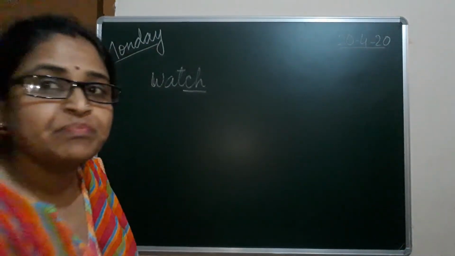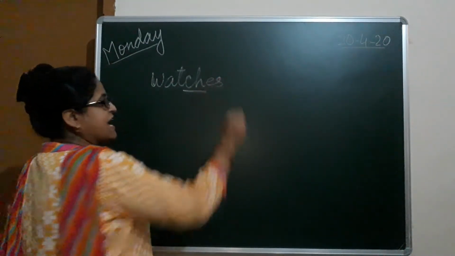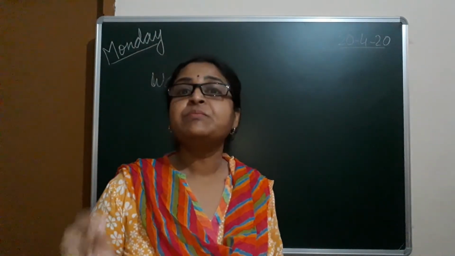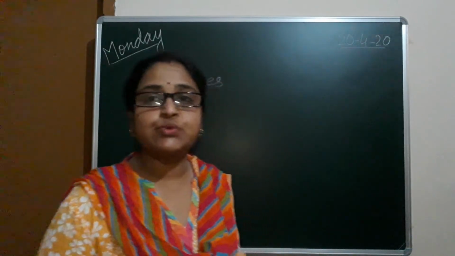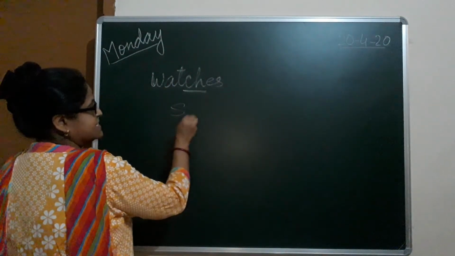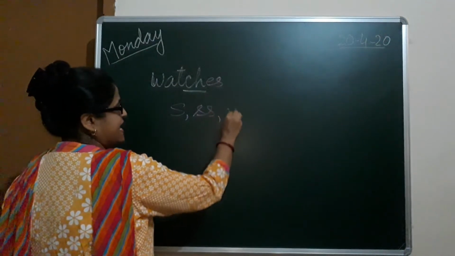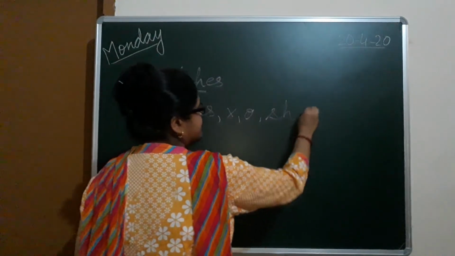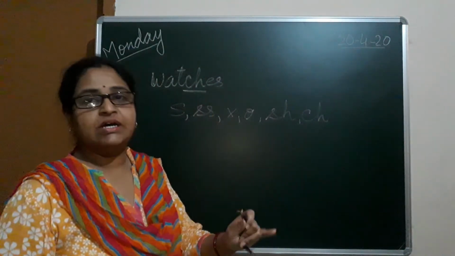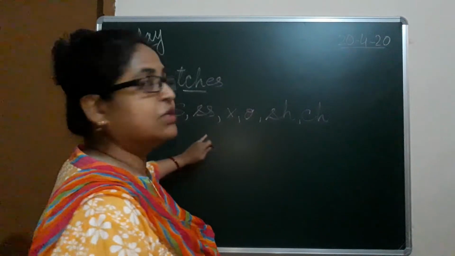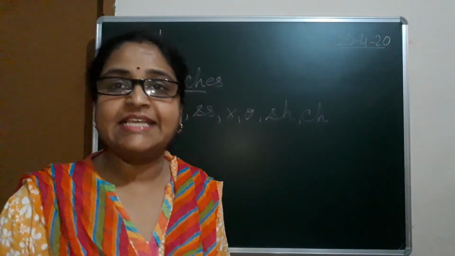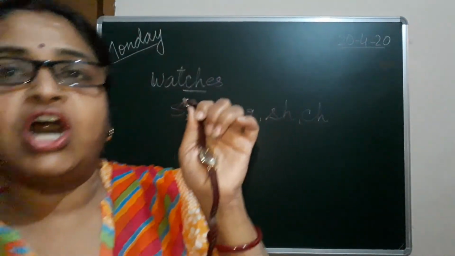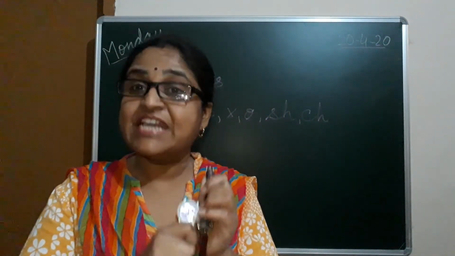Do you remember? Yes, we add ES to it to make it plural, because the rule says whenever a word ends with S, double S, X, O, then SH and CH, we add ES at the end to make those words plural, like one watch and two watches.